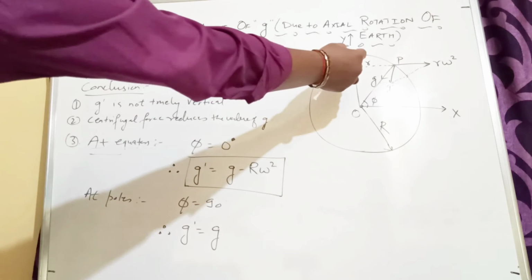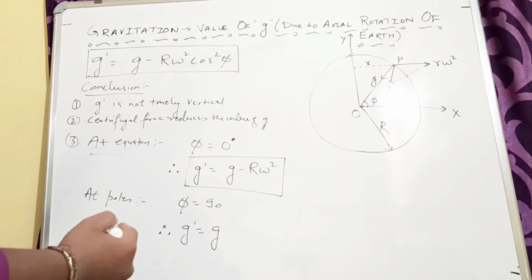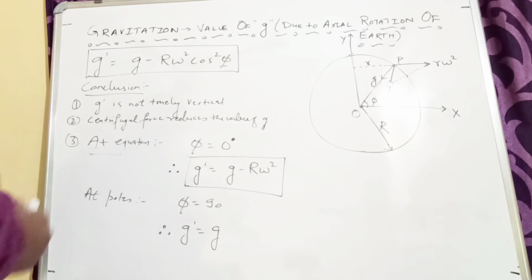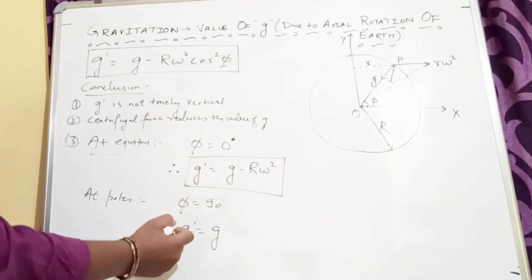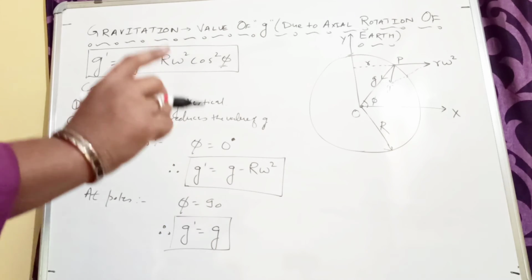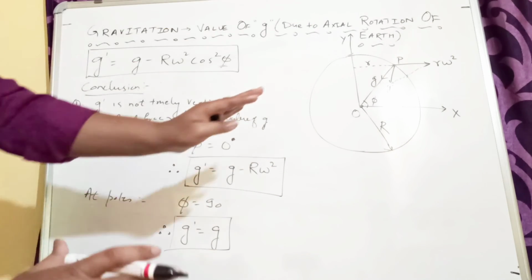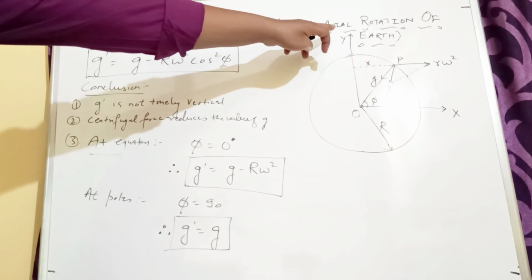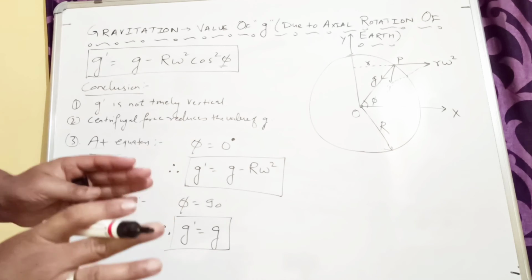And at the pole, this position, the angle phi will be equal to 90 degrees. When we put 90 degrees here, we get g minus 0, so g dash is equal to g. These are the two values of g at the pole and at the equator due to the axial rotation of Earth. This is the main thing you have to keep in mind.